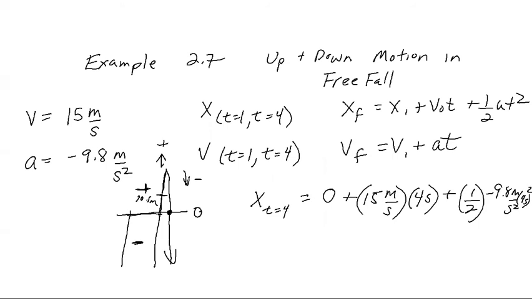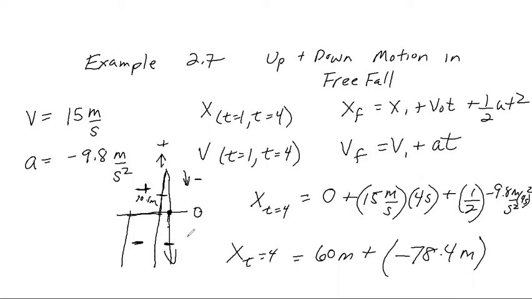Let me calculate that. 15 times 4 is going to equal 60 meters, plus a negative 16 times 9.8 divided by 2, which is minus 78.4 meters. So at 4 seconds, it's going to be 78.4 meters below our 0 point, somewhere down there.